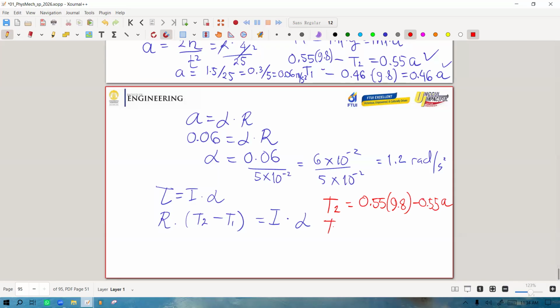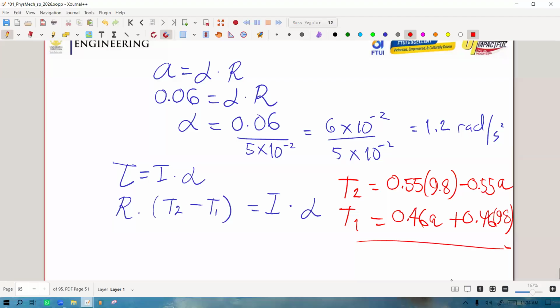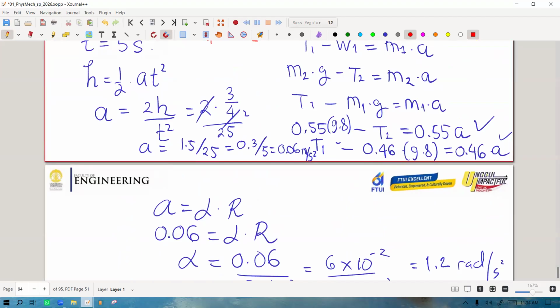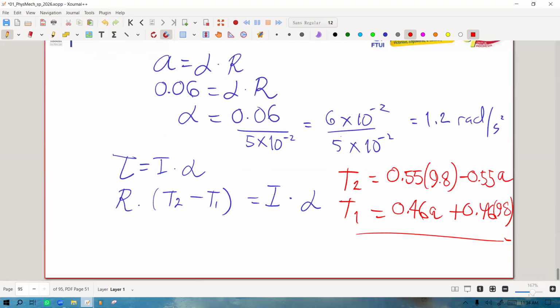And then T1 is 0.46 A plus 0.46 times 9.8. We can take the difference of these. We already got A, right? A is 0.06. You can substitute it here, and then you will get T2 minus T1. Okay, we can substitute to this one.